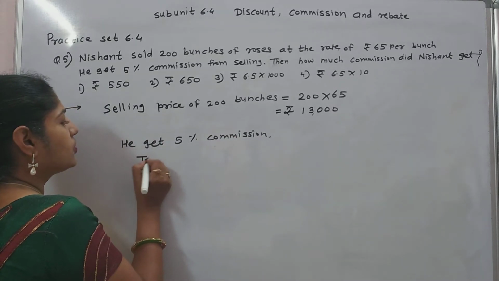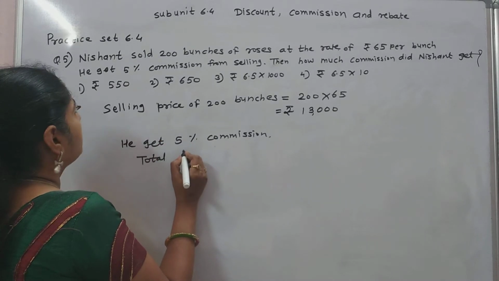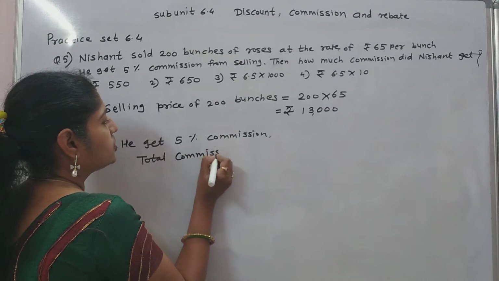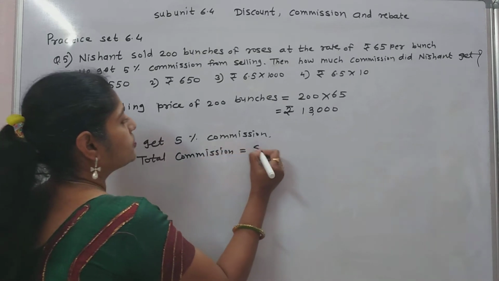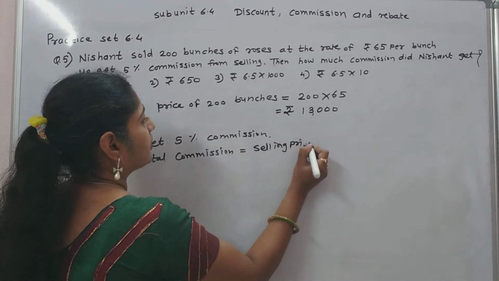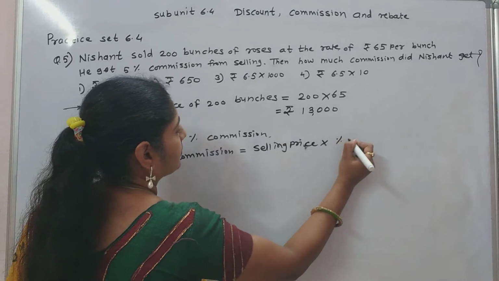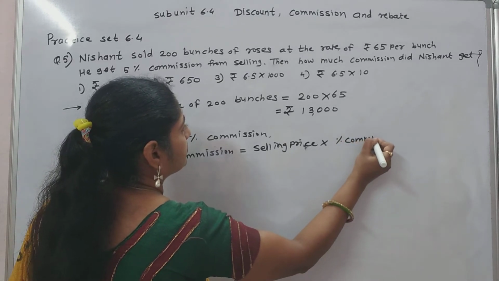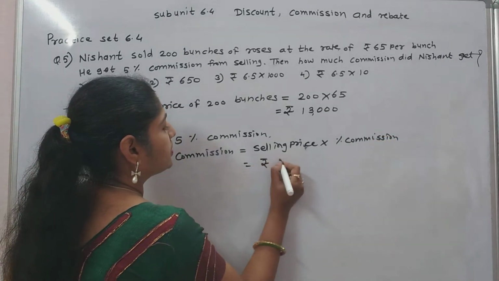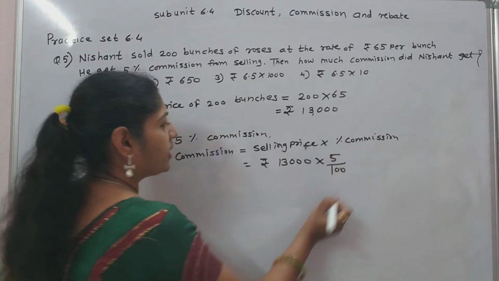Total commission received by Nishant. Use the formula: total commission equals selling price into percentage. 13,000 into 5%, that is 5 upon 100.